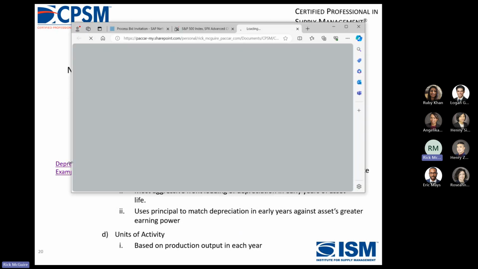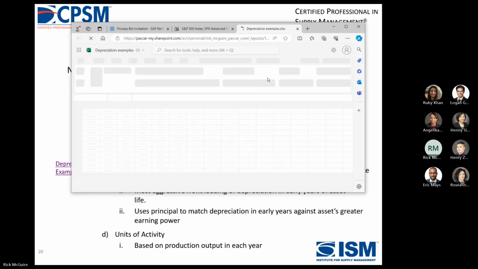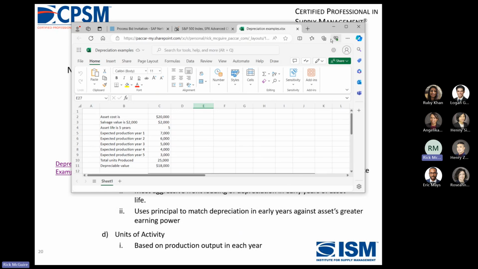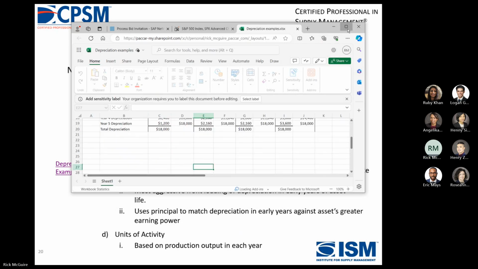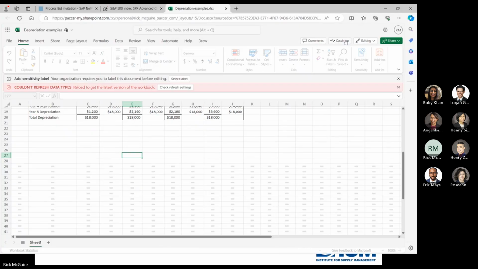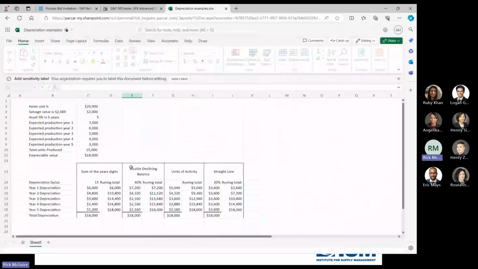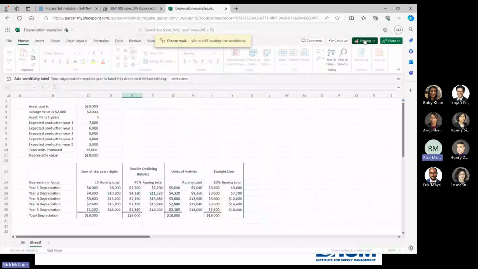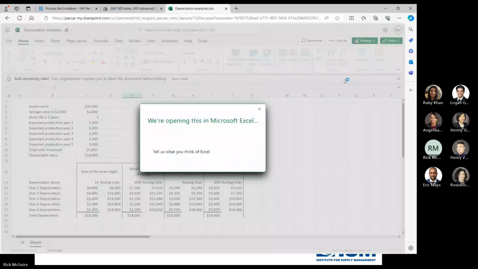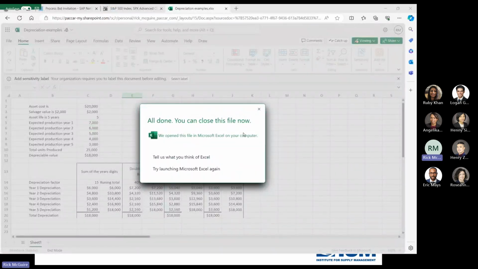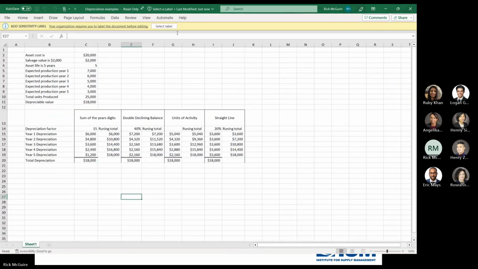So here's some Excel spreadsheets you can play with. That will cover the different types of depreciation, if this thing ever opens up.